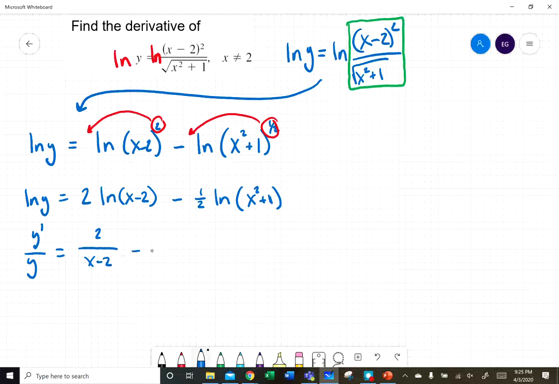So we're using the chain rule version of the derivative rule for the logarithms. That's the derivative of the natural log of u is equal to u prime over u. Okay, so that's what we're applying here and here.